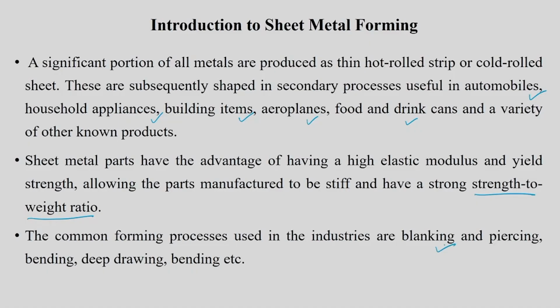For example, blanking and piercing, bending, deep drawing, and other sheet forming processes like roll forming. We are speaking about sheets, but tube forming is also possible to make certain components. To start with, we are going to briefly see some typical examples of these.